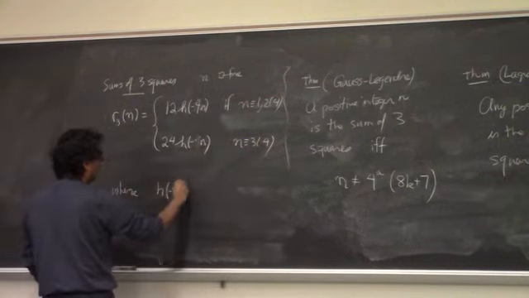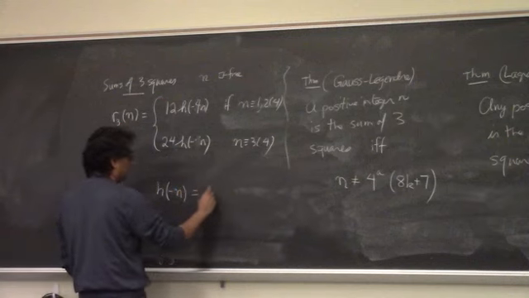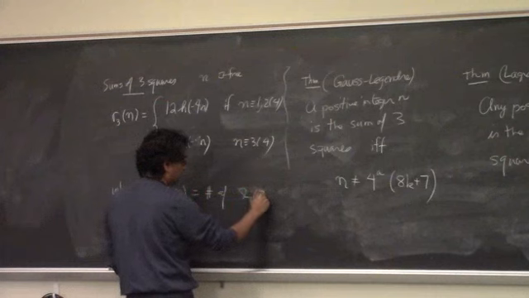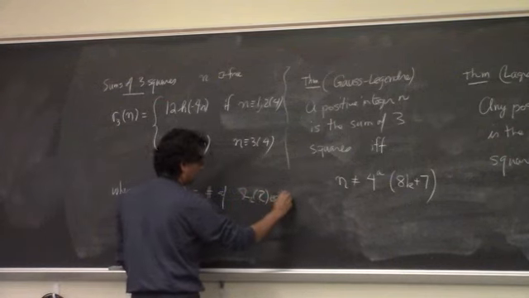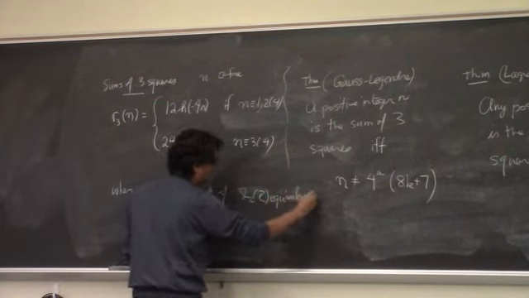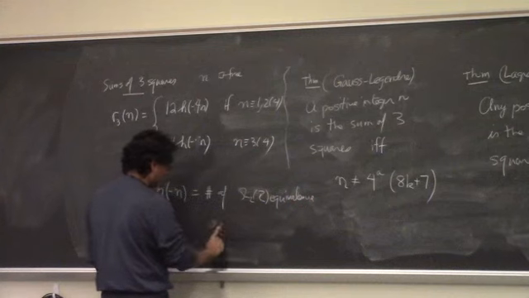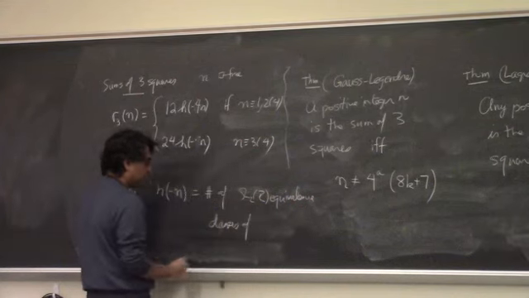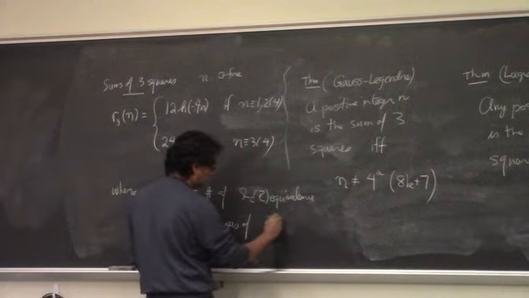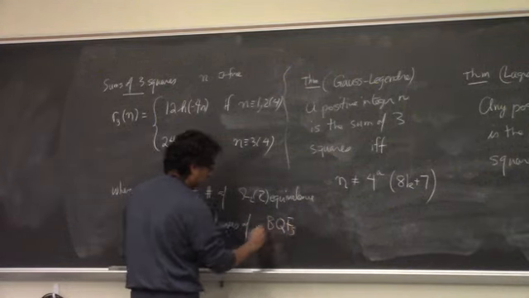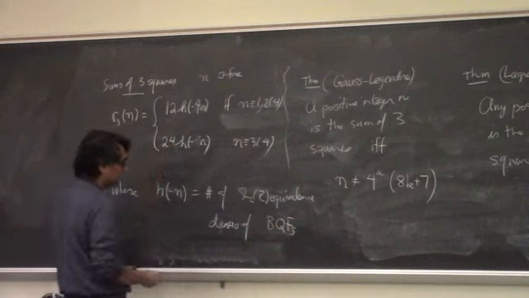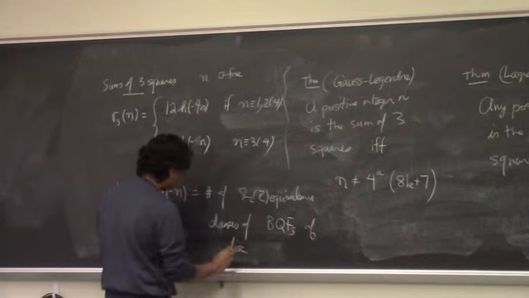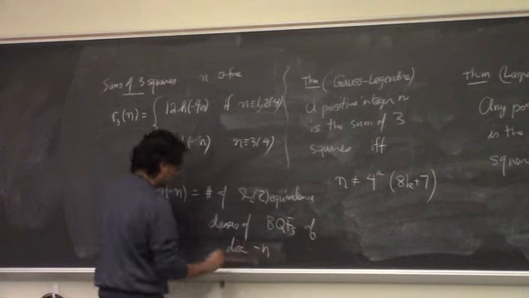Where h of negative n equals the number of SL2Z equivalence classes of integral binary quadratic forms of discriminant negative n.